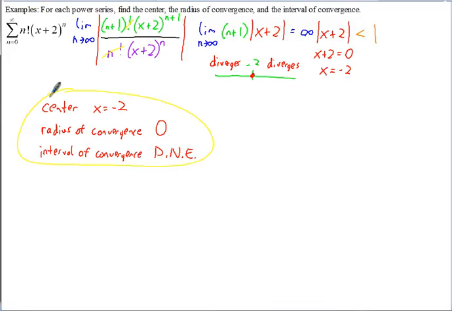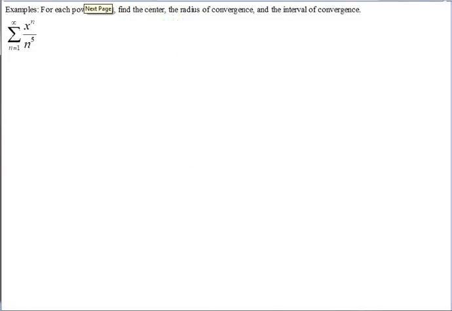Okay, let's take a look at another example. This one is x to the n over n to the 5th. So again, using the ratio test, the limit as n approaches infinity, absolute value of a sub n plus 1, so x to the n plus 1 over n plus 1 to the 5th.